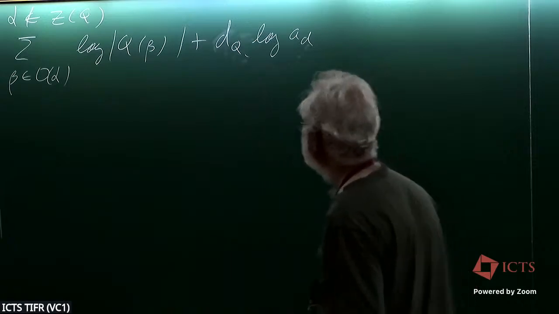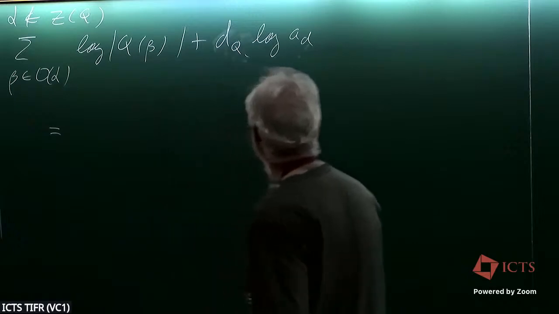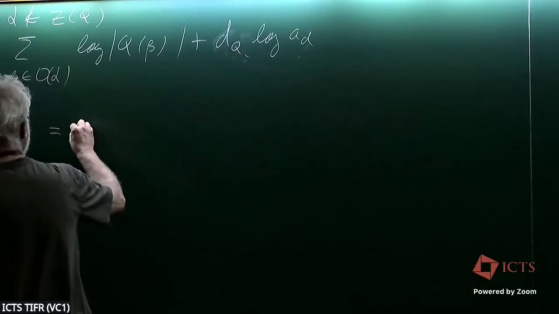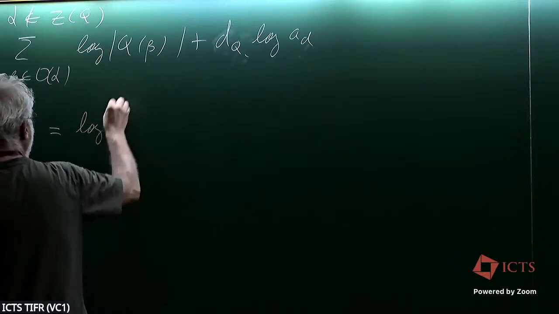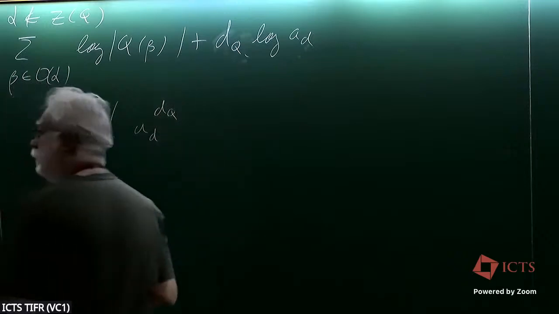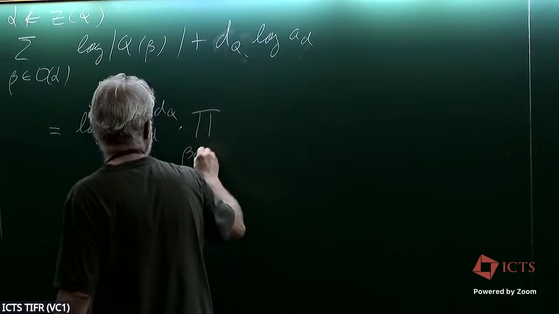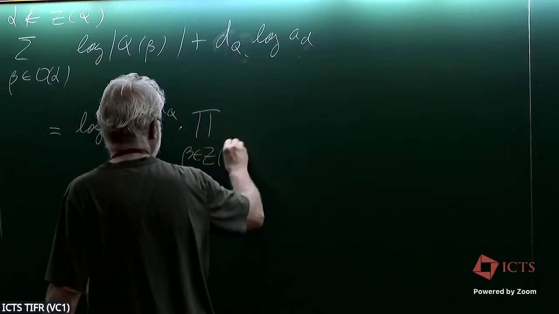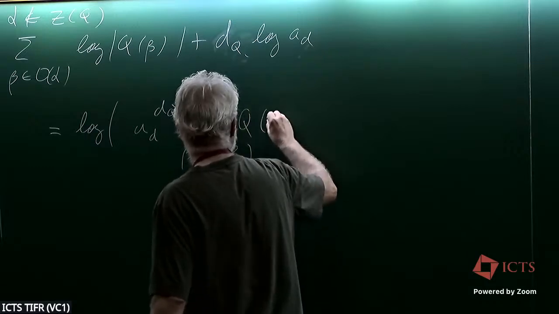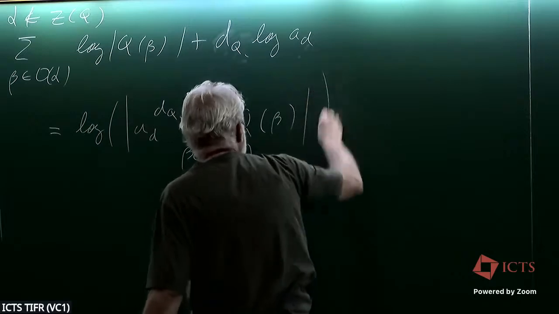Now, this quantity, since it is full of logarithms, I can put everything together. This is just the logarithm of AD to the power degree of Q, times the product for all beta inside the zeros of P alpha of Q evaluated at the point beta, and then the absolute value of everything.